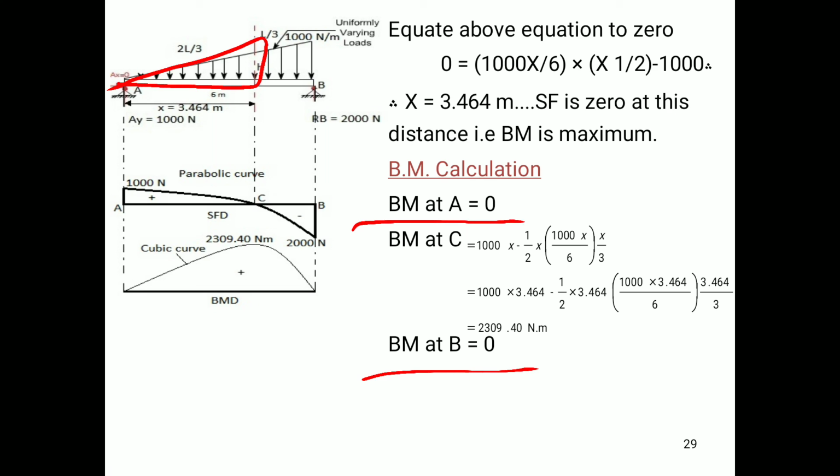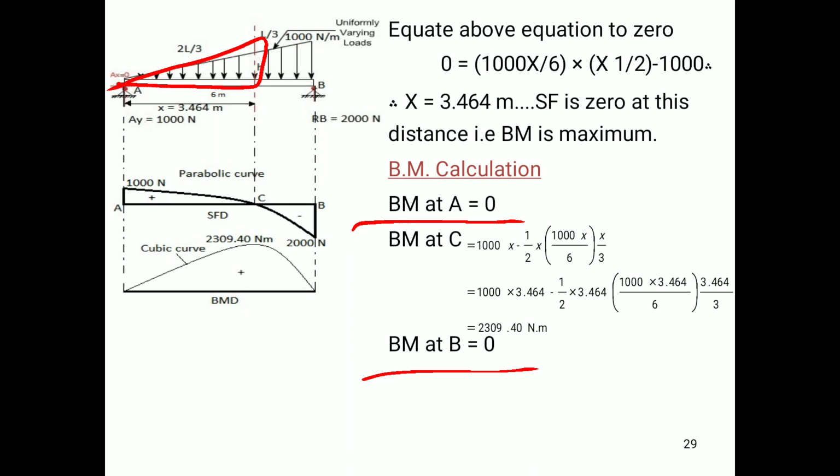We have to convert it into a point load, therefore it will become 1/2 into x into height 1000x upon 6, and it will act at a distance of L by 3, meaning x by 3.